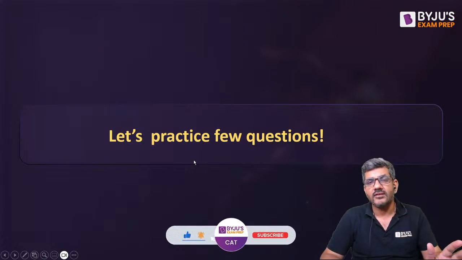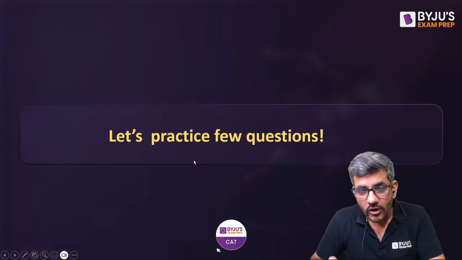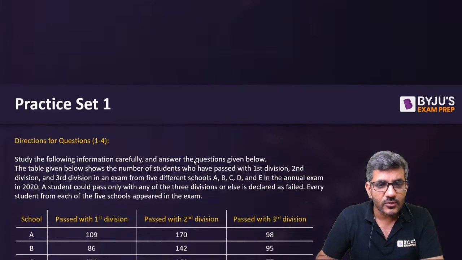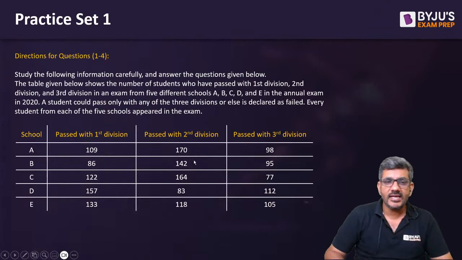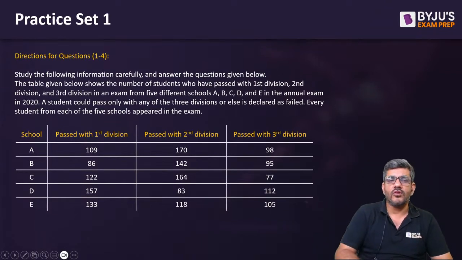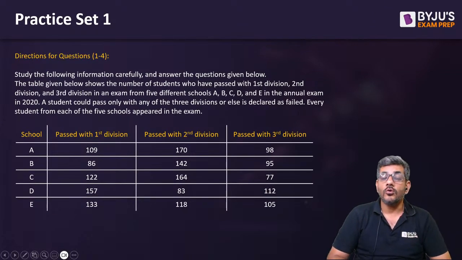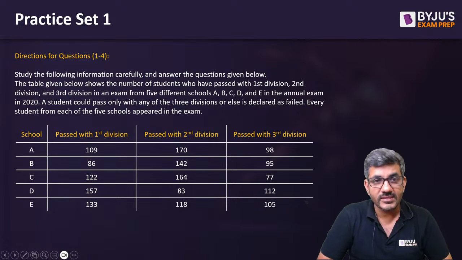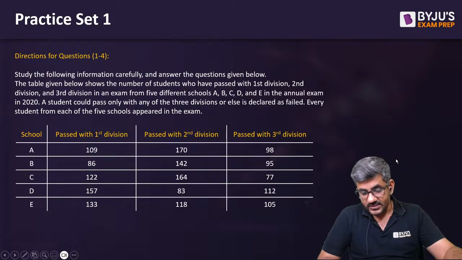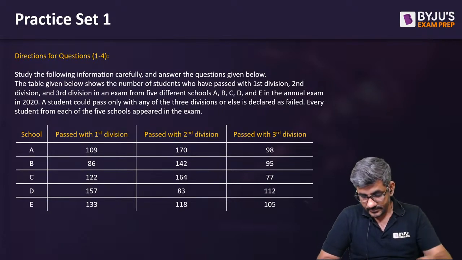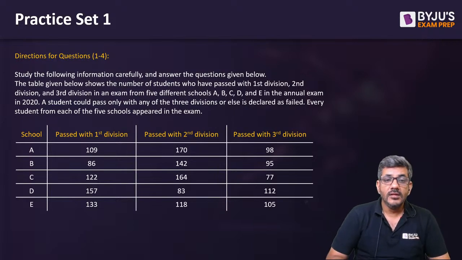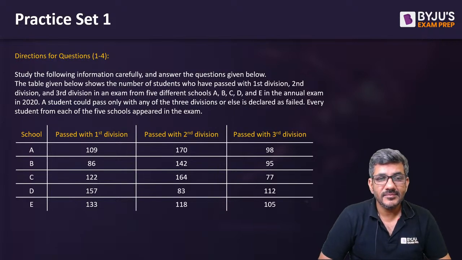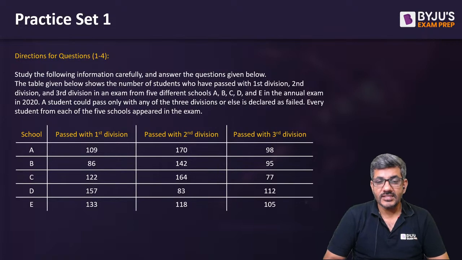Straight away I'm starting with the first set here on your screen. So please start doing this. Here is the set. Please read it once. After that, I'll move on to the questions as well. This is the only data that we have in this question. So please tell me what is the structure here. Just read it once, then I shall move on to the questions.